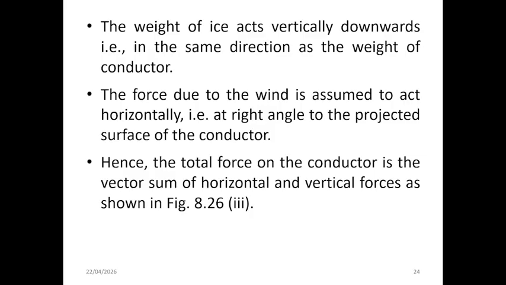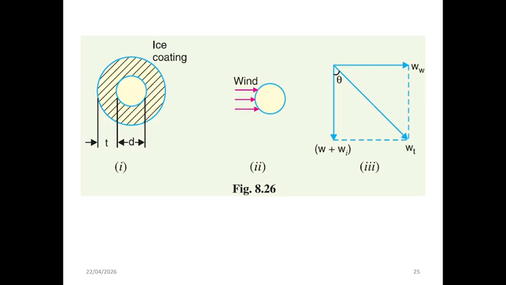We also touched on why understanding this combined effect is critical for safe and reliable transmission line design, especially in regions exposed to harsh weather conditions. In today's session, I will build on this foundation and further analyze how these forces influence the sag calculations and the conductor performance.